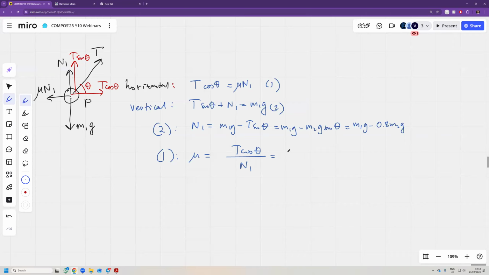So that is M2G times 0.6, because cos theta is 3/5, divided by N1, so M1G minus 0.8 M2G. G cancels, and we're left with 0.6 M2 divided by M1 minus 0.8 M2.